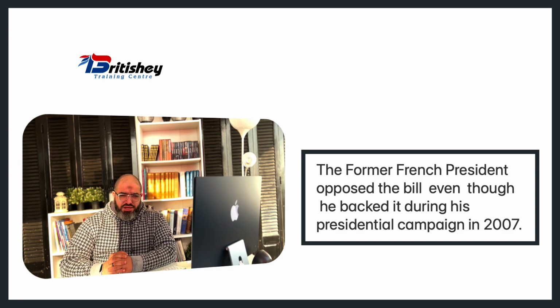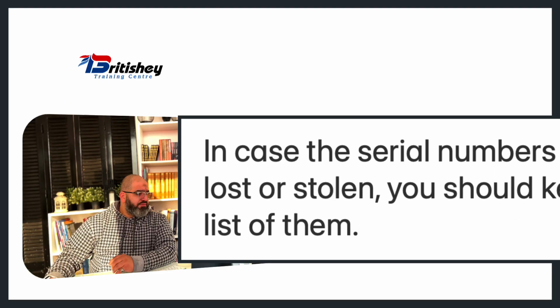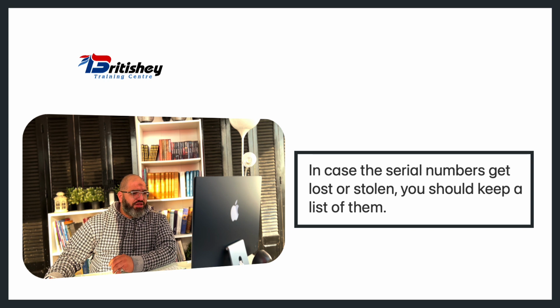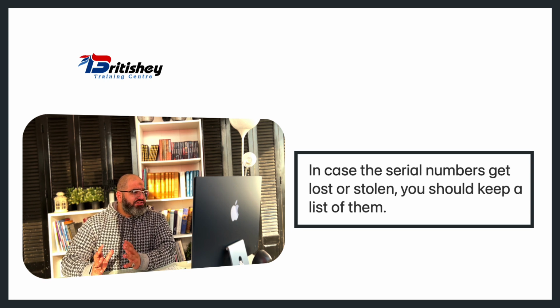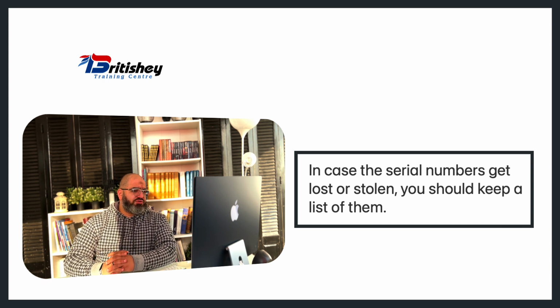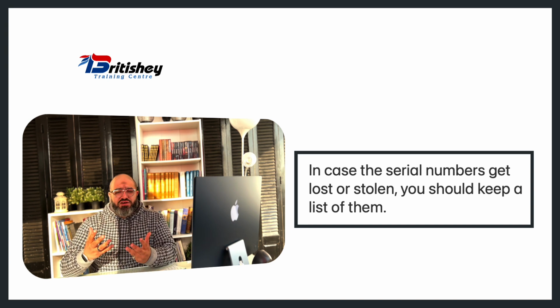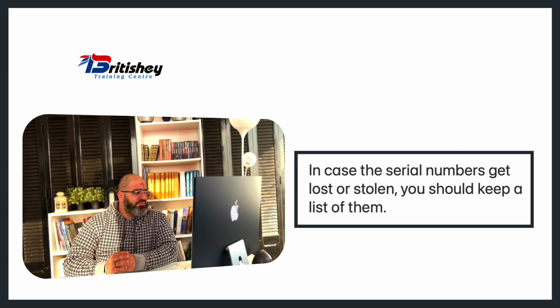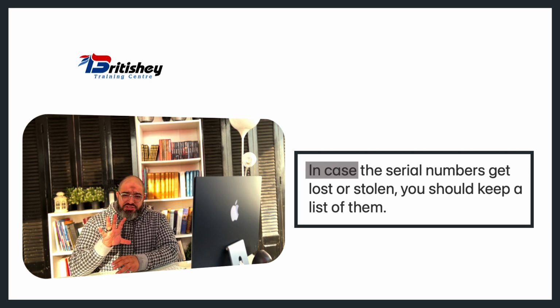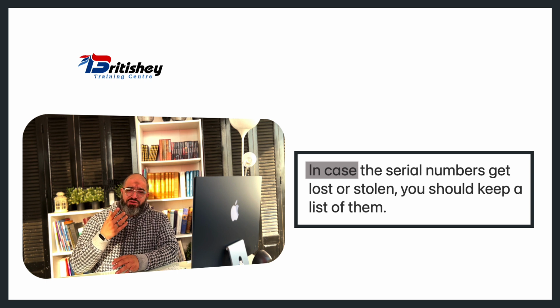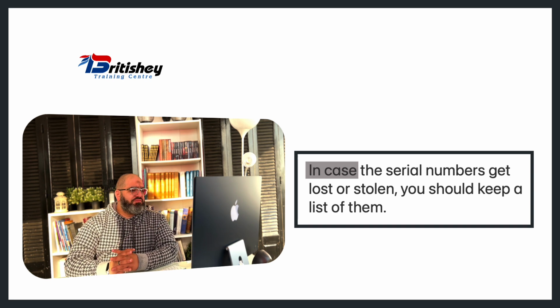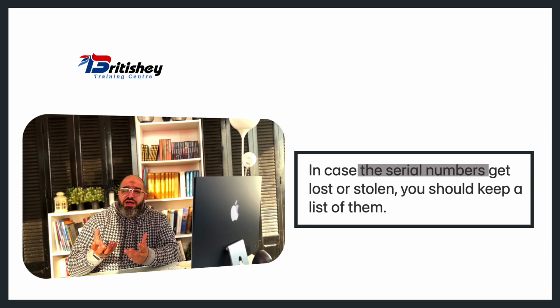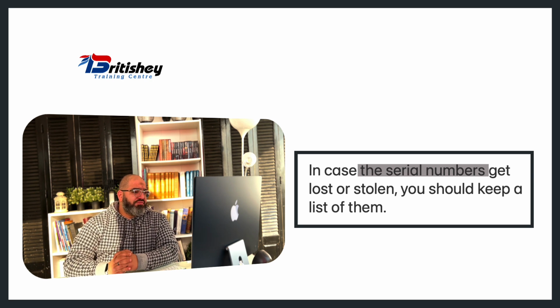Let's have a look at another example. Let's read it together. In case the serial numbers get lost or stolen, you should keep a list of them. Now let's analyze this together. In case, that's a connector, an adverb connector at the beginning. The serial numbers, that's the subject.